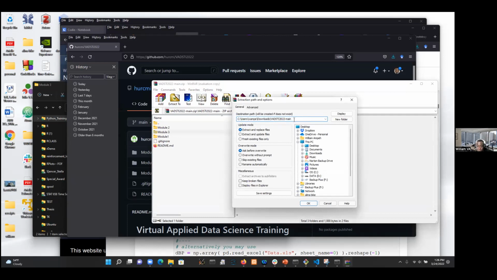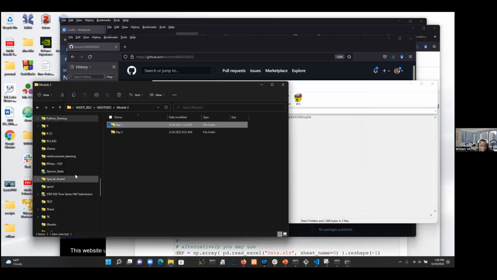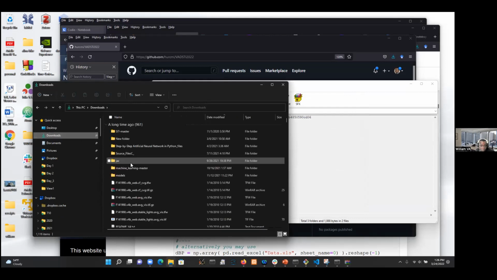I put it in downloads, let's say right here. I say okay, I go to my downloads, and I'll be able to see the file there and take it and drop it where I want to drop it. So that's how you do that.